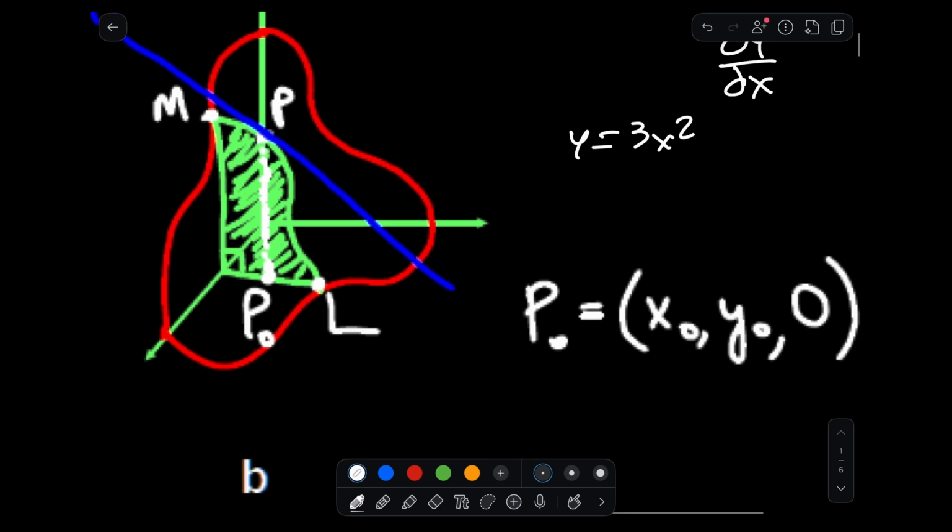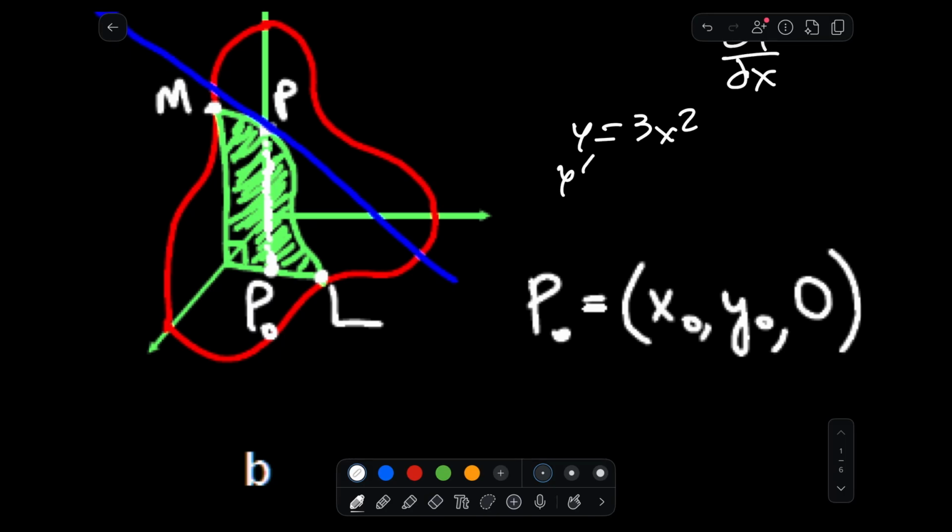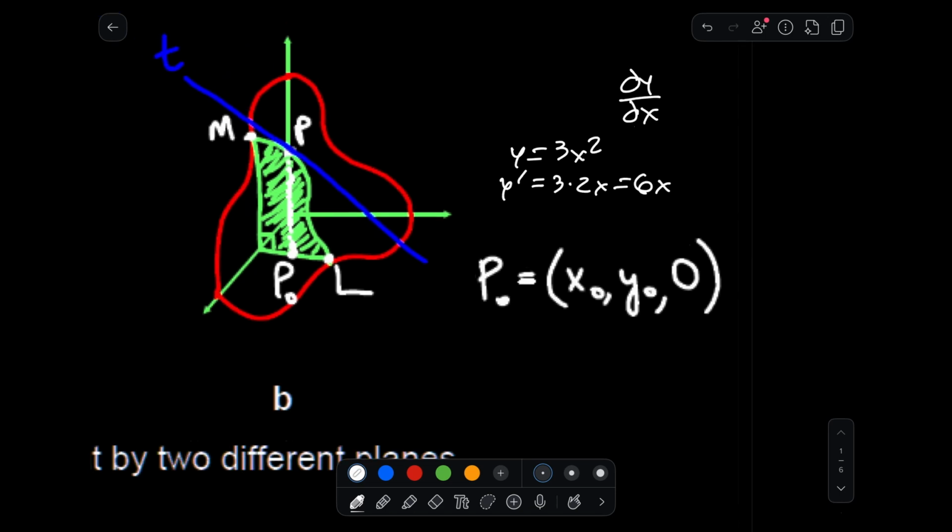And we get y prime or dy dx or f prime, whatever notation you use, you get 3 times 2x to get 6x. That doesn't change. In multivariable calculus, however, you're treating the variables like y or x differently. If you're taking the partial derivative with respect to x, you're keeping y constant. y is like a constant like 3 now.